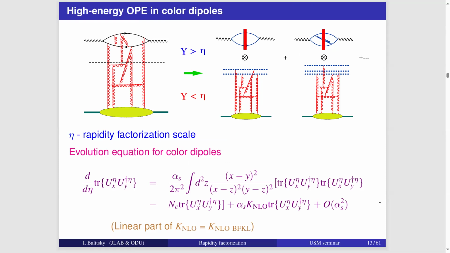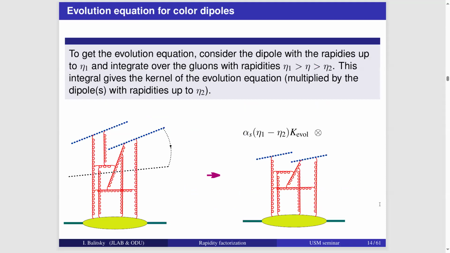I will show that the evolution equations for these colored dipoles look like that in the leading order, and I will show you the kernel later. By the way, the linear part of the kernel is the BFKL kernel, which was calculated by Balitsky and Lipatov, about 20 years ago.